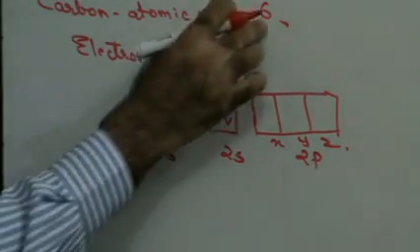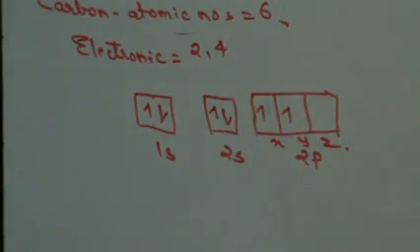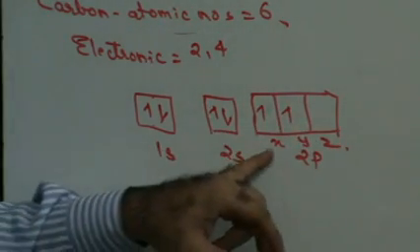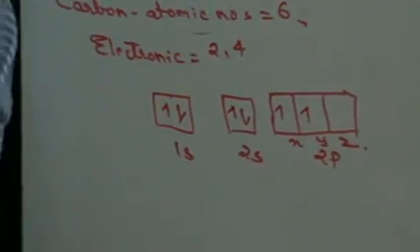So 4 electrons are gone out of 6. Then the remaining 2 electrons have to be clockwise, which are going to get filled in the 2px and 2py orbitals. Fine? So in simple language, what is Hund's maximum multiplicity rule? It says that all the clockwise electrons will get filled first and then the anti-clockwise electrons will get filled. Right? For example, if I had, say, oxygen. Let's see for oxygen.